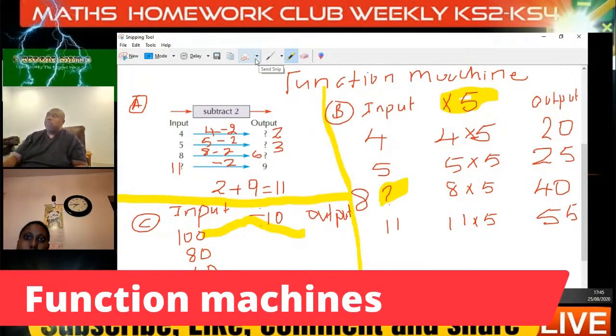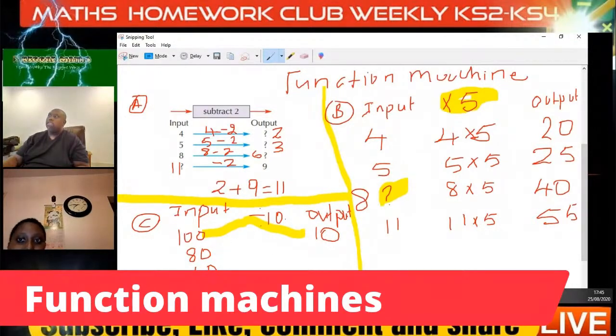Okay, what number times by 10 equals to 100? Let's see if you're thinking. It's going to be 10, right? So 10 into 100 goes 10 times. Okay, you're dividing Denzel.